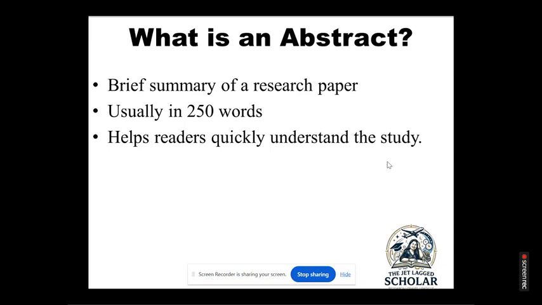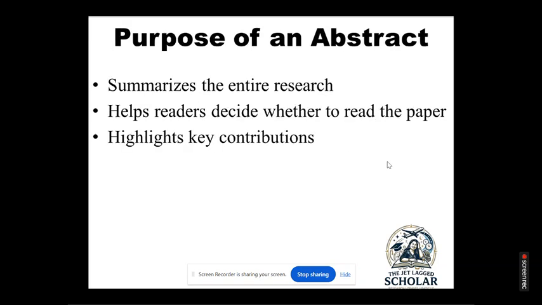It tells us briefly what the research is about, how the research was conducted, what key findings can be drawn from it, and why this particular research paper matters. It also helps the reader to quickly navigate and understand the study.